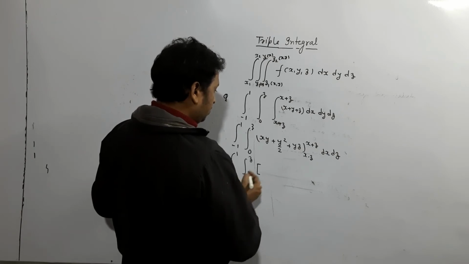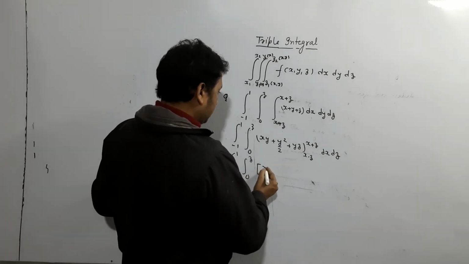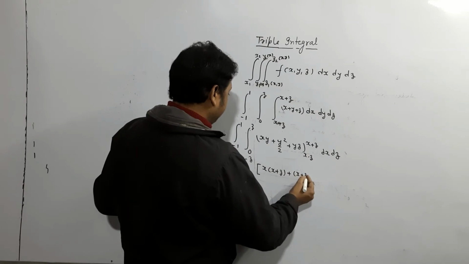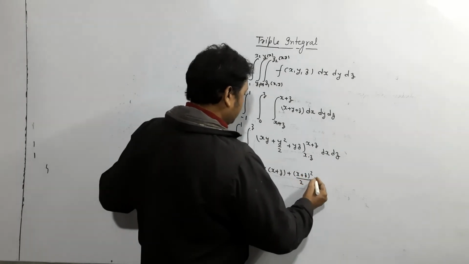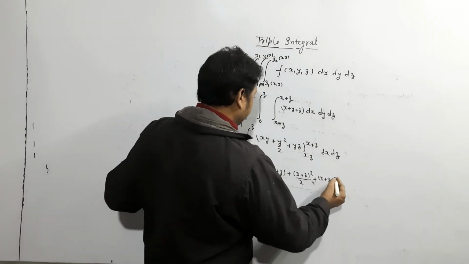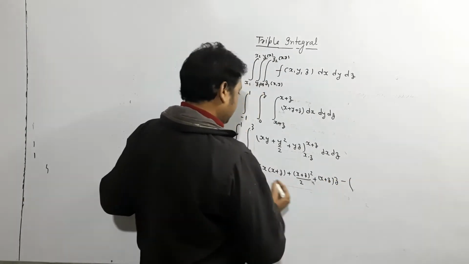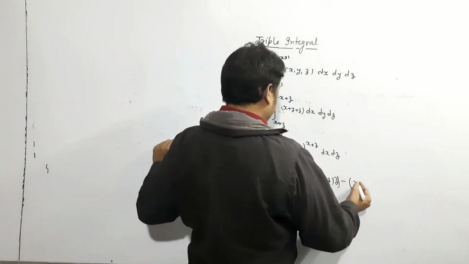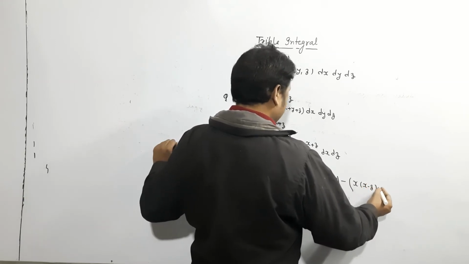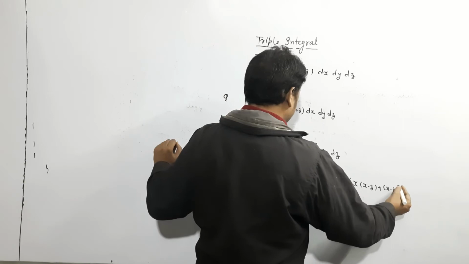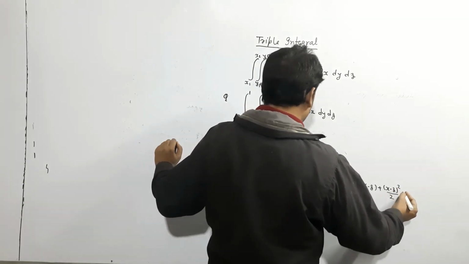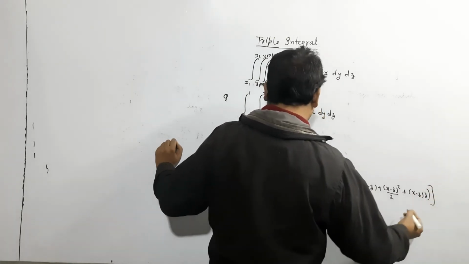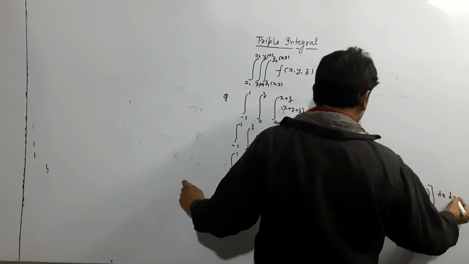So x plus z, x plus z whole square by 2, plus x plus z into z, minus, in place of y you put x minus z, dx, dz.